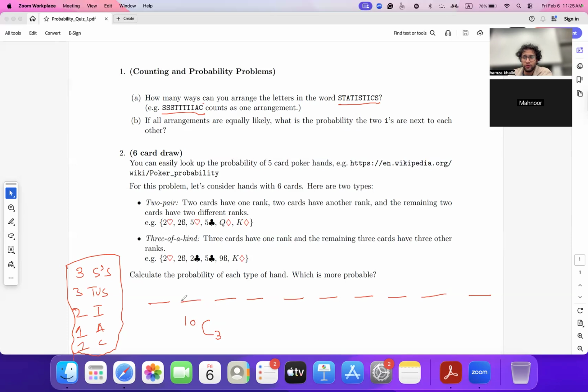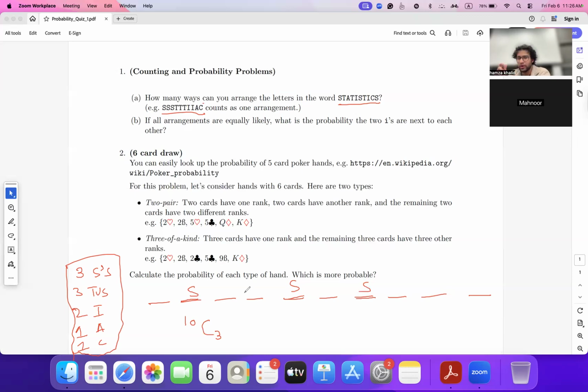I want to choose three positions from these slots and put my S's there. That would be 10C3. Is that clear why that would be the case? Because from the 10 positions, I'm selecting three, right? Does that make sense? Yeah.